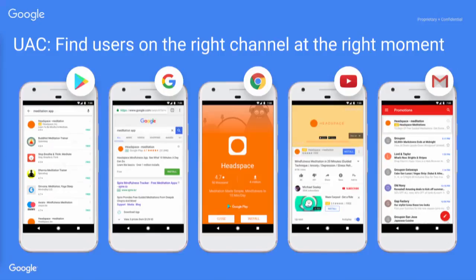Here is a quick snapshot of the different inventory that we can run on with UAC. Now that we are more familiar with the different user signals that UAC uses, we can take a look at what that inventory looks like, and what the different networks are that we can have a presence on. If you take a look at the slide here, you can see that we have inventory across Google Play. Search inventory is across google.com, and also on Google Play, and now we have added inventory on the Google Play homepage as well.